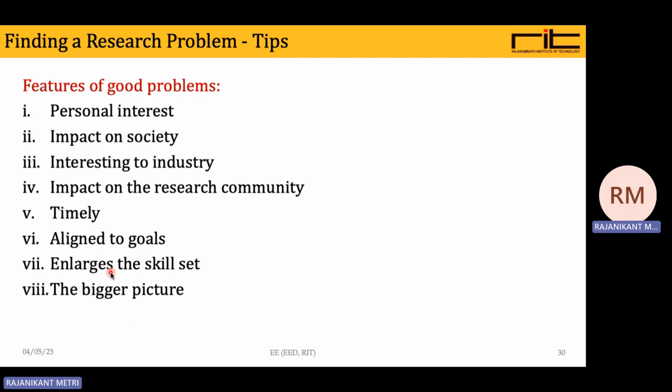And the last one is the bigger picture. That means, does the problem considered lead to one or two further problems that will allow us to use some of the expertise gained from solving the initial problem? For example, in the initial stages of the research we have considered one subfield or specific problem, and over the course of time we have found one or two more problems which are not solved, and these can be further areas of research for yourself or for other researchers.